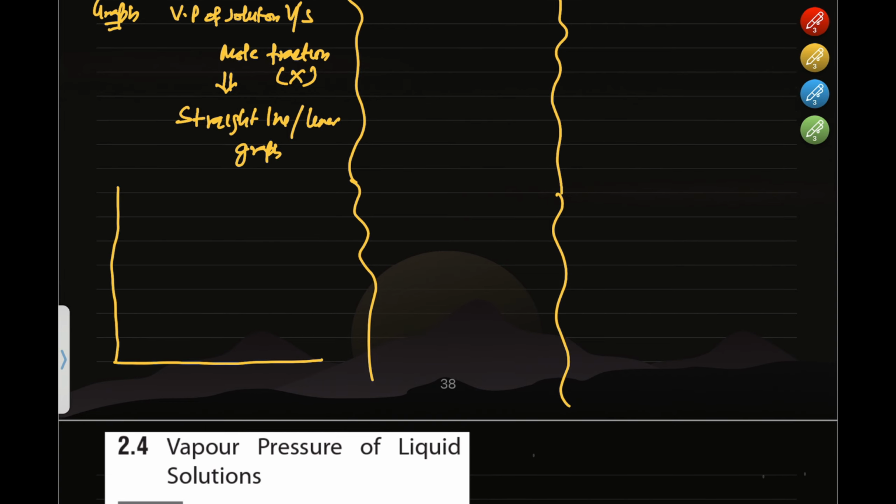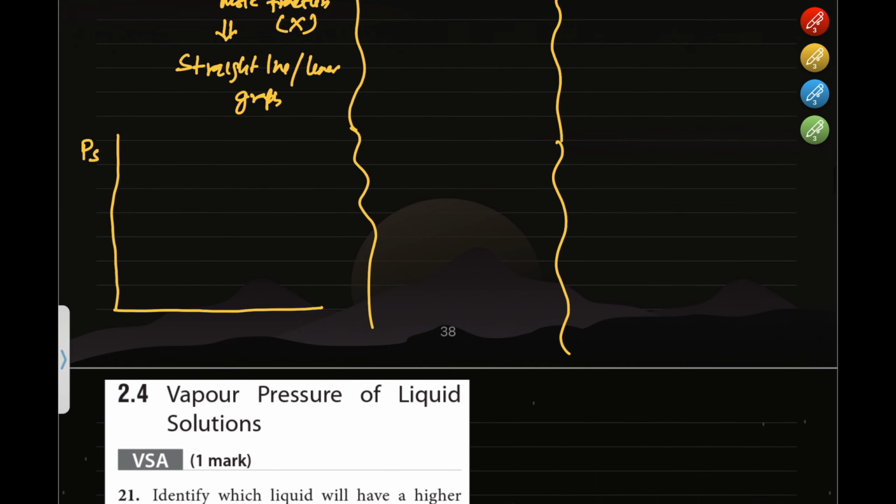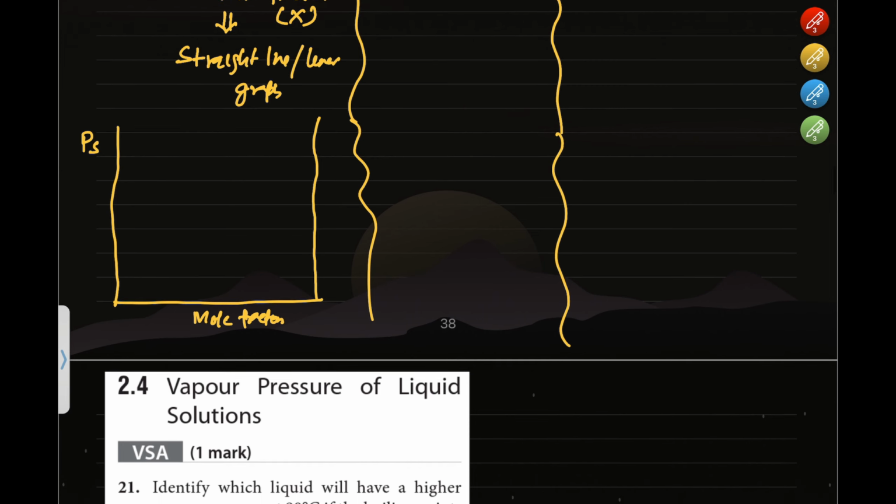We plot the vapor pressure of the solution, Ps, on the y-axis and the mole fraction on the x-axis. At one end the mole fraction of component A is 1, then the mole fraction of component B is 0.